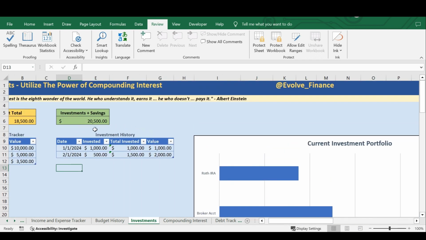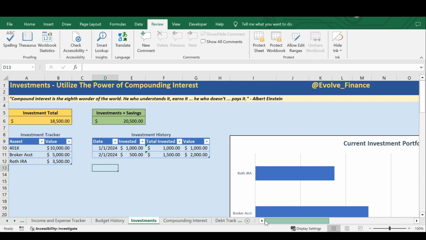Now, let's look at the investment history. When you start this exercise, you should input the amount that you're coming into this with. So, for example, let's say you've purchased this template and you're filling it out, and you already have, we'll use this number here, $18,500 invested. So we're just going to put $18,500.